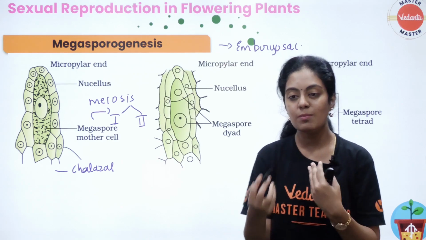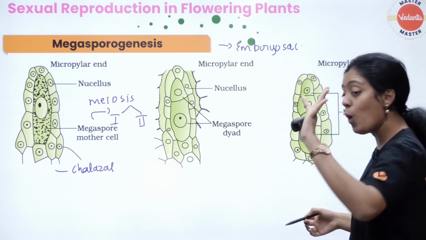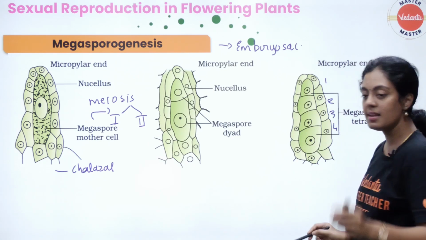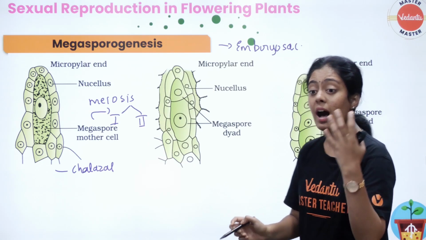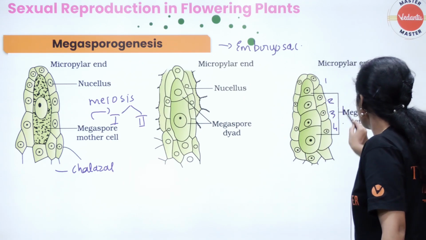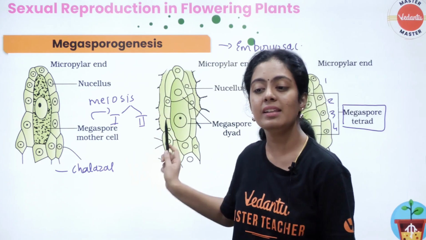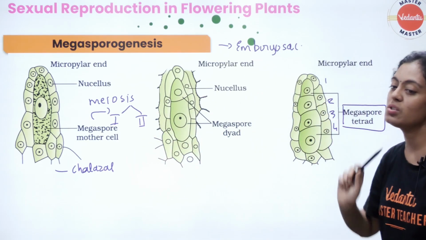After meiosis 2 you have 4 cells that are produced. 1 2 3 4 cells produce ஆகுது. I think all of you know. அதை தான் நான் megaspore tetrad-ன்னு சொல்கிறேன், நான் எப்படி அதை microspore tetrad-ன்னு சொல்கிறேனோ.